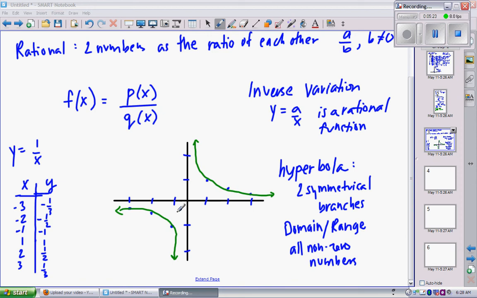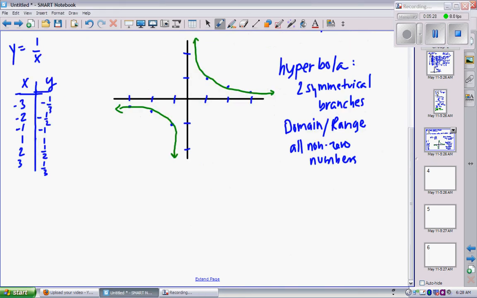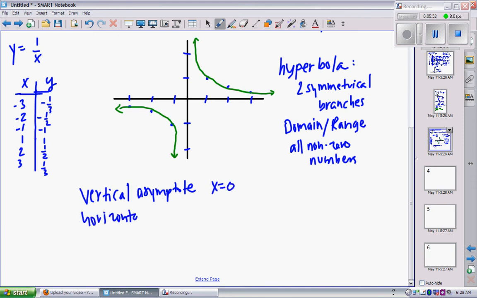If x and y can't equal 0, in our domain and range, then we have vertical and horizontal asymptotes. We have a vertical asymptote, which is different from when we were talking about horizontal asymptotes in the last chapter. Vertical means it can't cross a vertical line. So the vertical asymptote is at x equals 0, and we have a horizontal asymptote at y equals 0.